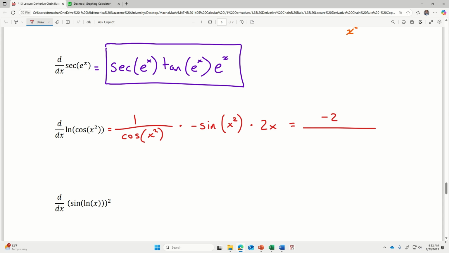But I see a negative, I see a 2, I see an x, and then I've got sine divided by cosine. That's tangent of x squared. So again, just be aware that that's actually the same thing, since sine divided by cosine is tangent.